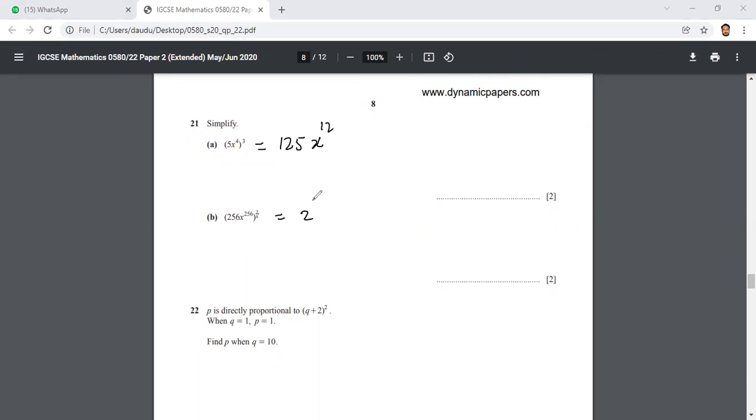So 2 to the power 8 and x to the power 256, whole to the 3 over 8. Multiplying 8 by 3 over 8 and 256 by 3 over 8, it gives me 2 to the power 3 and x to the power 256 divided by 8, which gives 32.